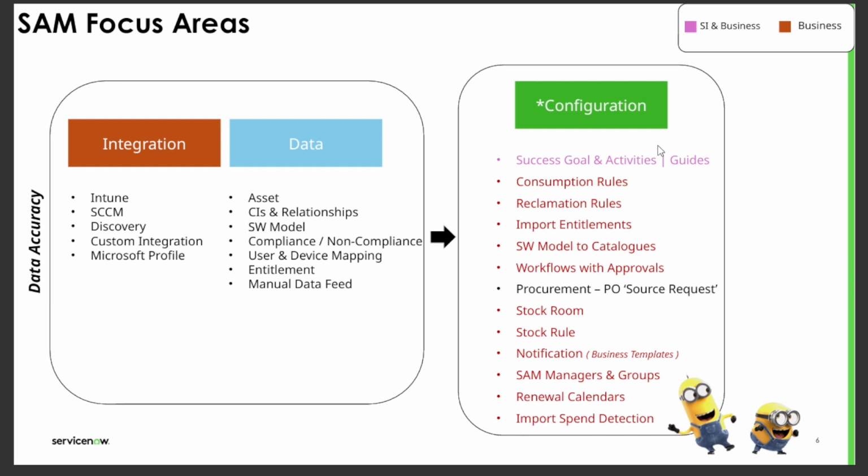Example: you purchased 100 licenses. These 100 licenses are available in stockroom 1, 2, 3 or a combination of all. For any reason, if the license count reaches 90, that 90 is a threshold value. Immediately, the stockroom manager or SAM manager will get a notification to enable procurement in a proactive manner.